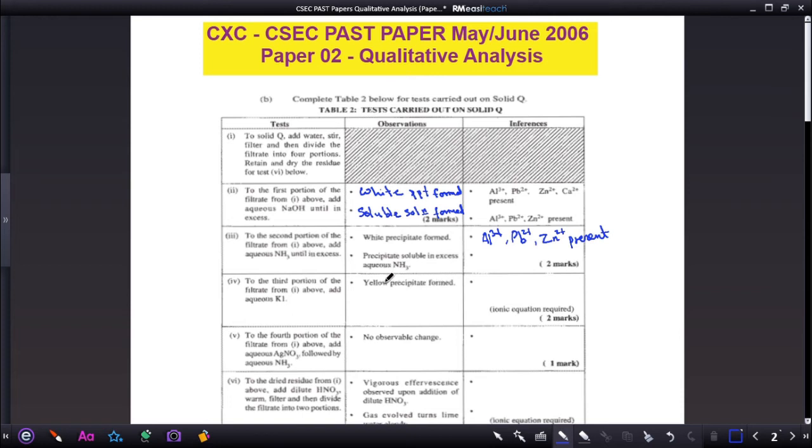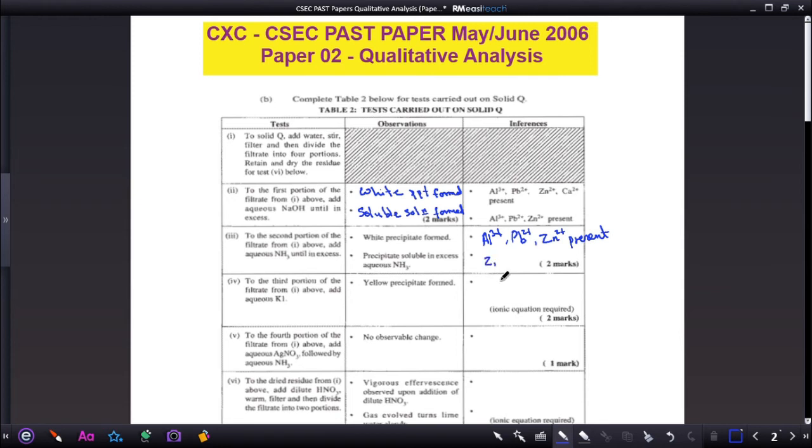the observation stated that the precipitate is soluble in excess aqueous ammonia. Of these 3 ions that were insoluble in excess, only zinc is expected to be soluble in excess, meaning that it dissolved in excess ammonia.